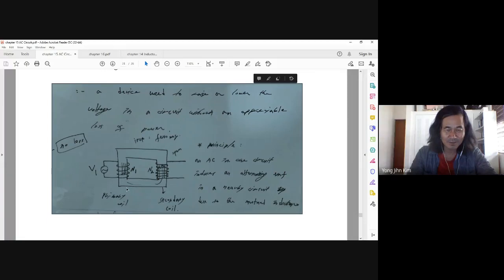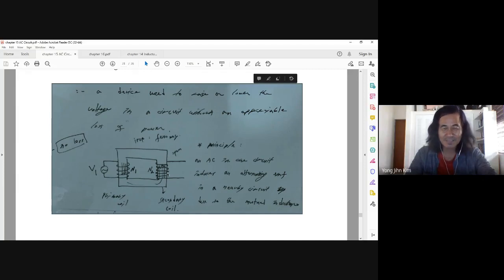This coil is called the primary coil, and it is connected to AC. And then magnetic flux is changing. So we have induced EMF here. And then through the iron, which is ferromagnetic, magnetic flux is transmitted to the secondary coil with N2 turns.